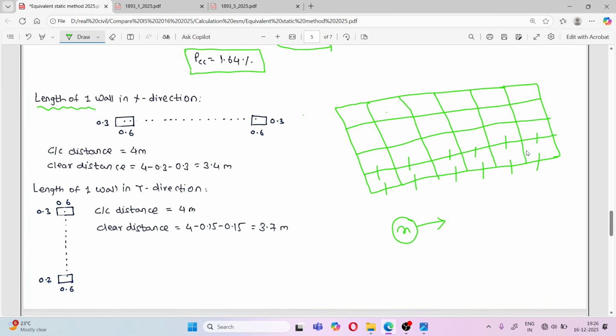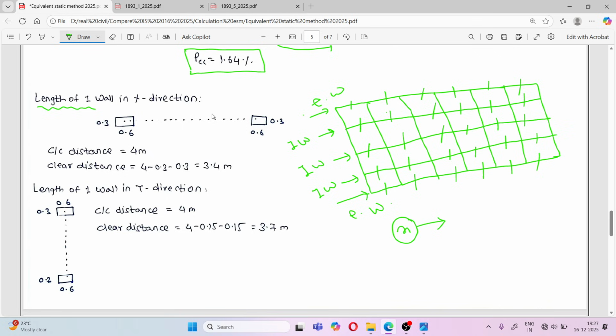So we have to calculate the area of masonry wall. Masonry wall is present in all these bays. This bay consists of external wall, and this also consists of external wall, and these consist of internal wall. So it is simple mathematics, nothing complex.